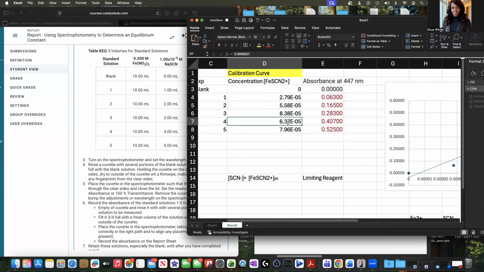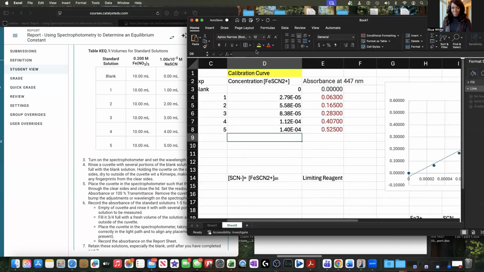Then here we got 1117. And for this last one, it's 3 zeros after the decimal, 1396.